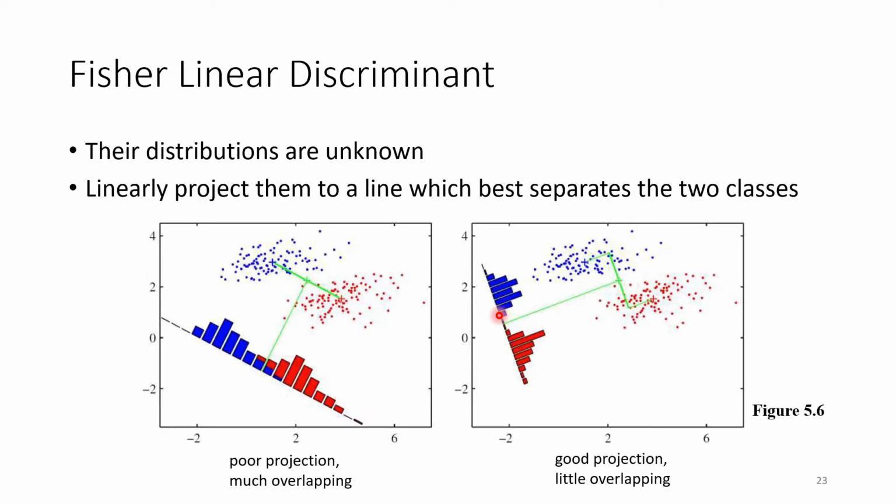And in this case, the logistic values for this group and this group are mostly separated. So that's the meaning of the Fisher linear discriminant.